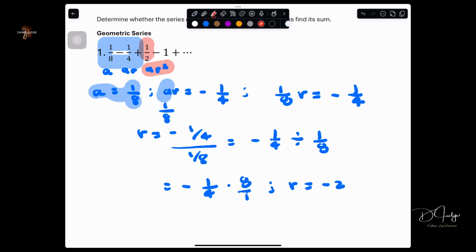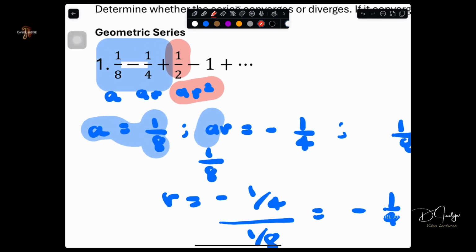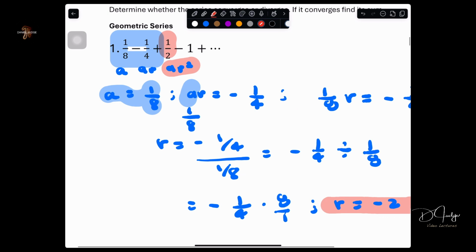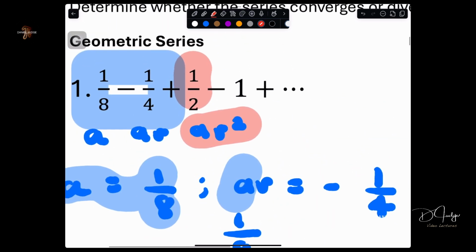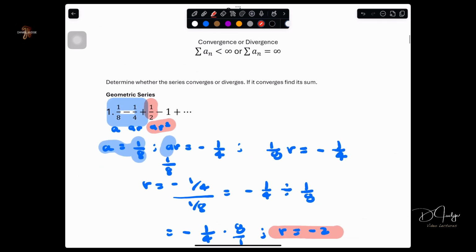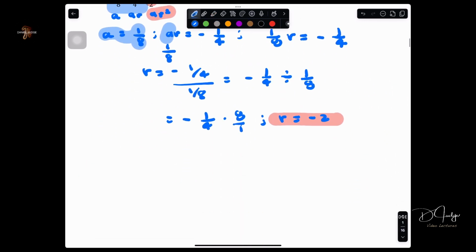All right. So we have all the information we need. We have to verify that AR squared is a positive 1/2. So is AR squared equal to positive 1/2? Well, we know A is 1/8.